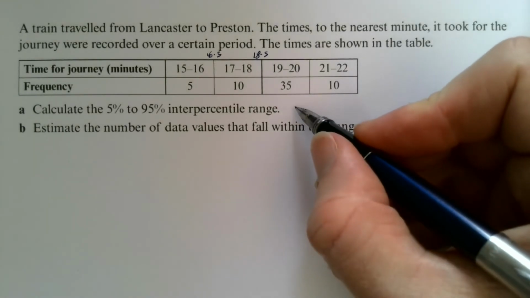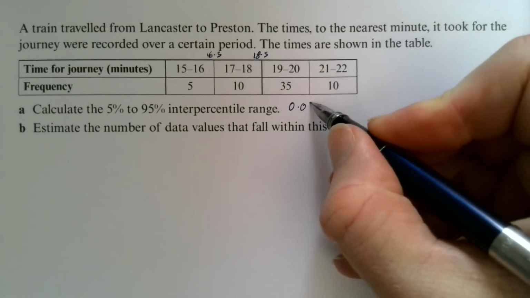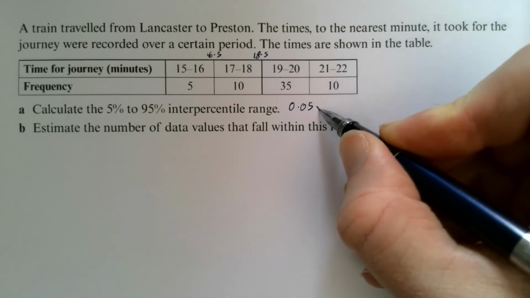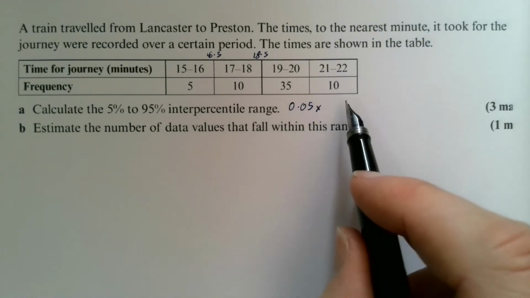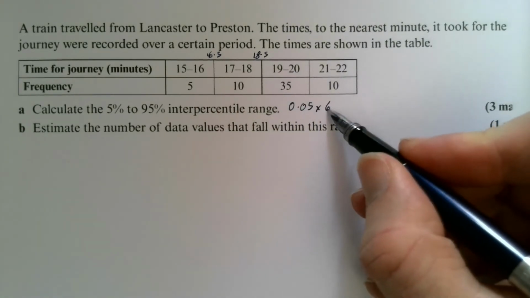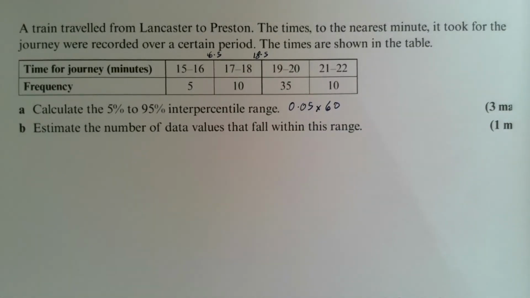So we're looking at 0.05 of however many journeys we've got altogether. We've got 15, 50, 60, which is 3.